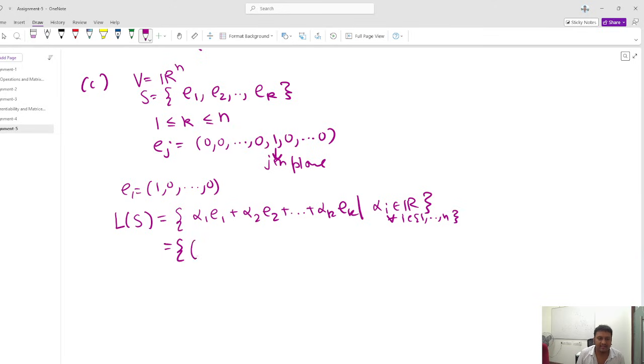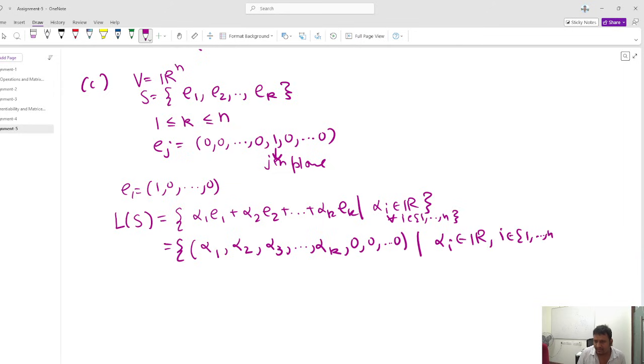So what is it, guys? If you solve it, you will get α1, 0, 0, 0, then when you add it with this, you'll get α2, α3, ..., αk, and then 0, 0, ..., 0. So αi belongs to R, where i is in 1 to n, and the rest of the entries are 0. So this is what linear span is.